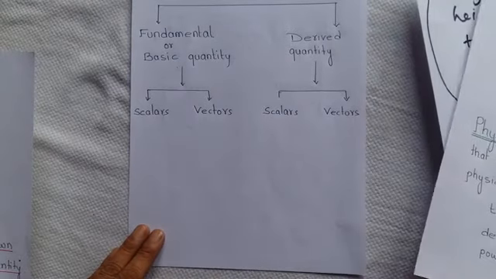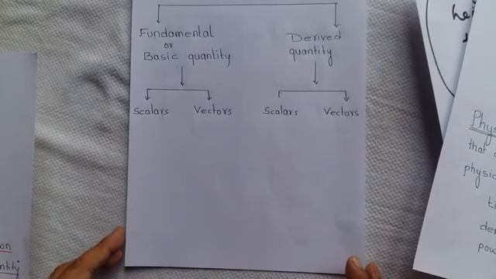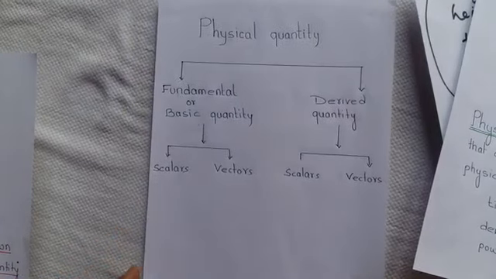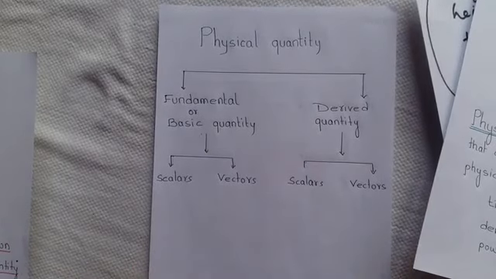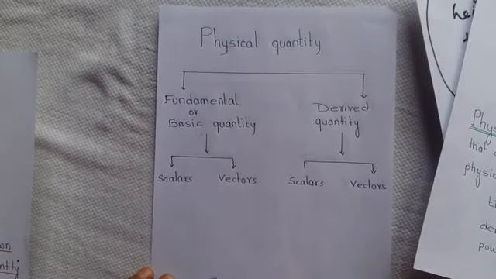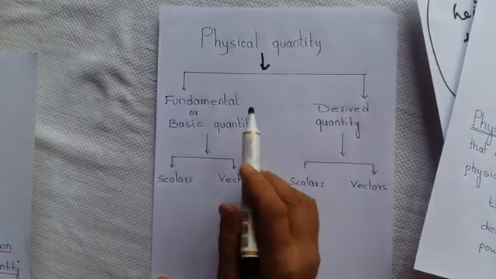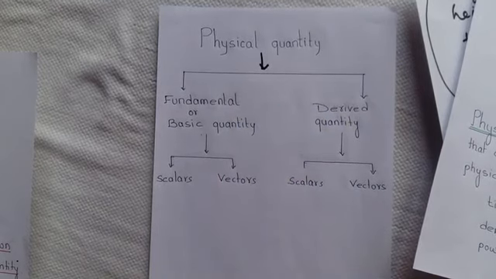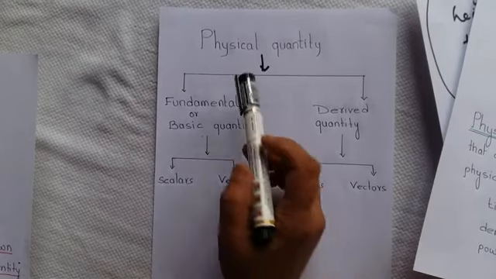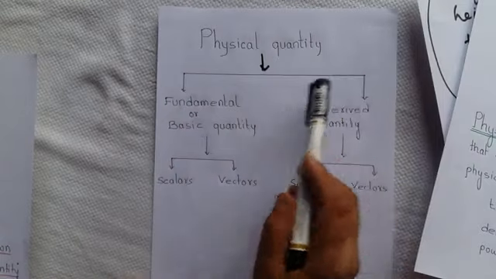So as we were talking about physical quantity, let's see the chart of physical quantity. Here, physical quantity can be of 2 types. Physical quantities are those quantities which can be measured. So the measurable quantities are called physical quantities, and the measurable quantities are classified into two.